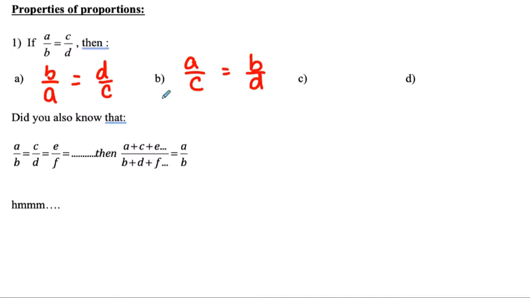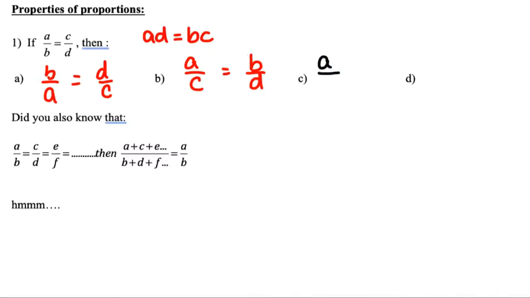I put the tops as a fraction and the bottoms as a fraction. That is another way to write these. And if I use the cross products rule, the means and the extremes, look, AD equals BC for all of these, okay?